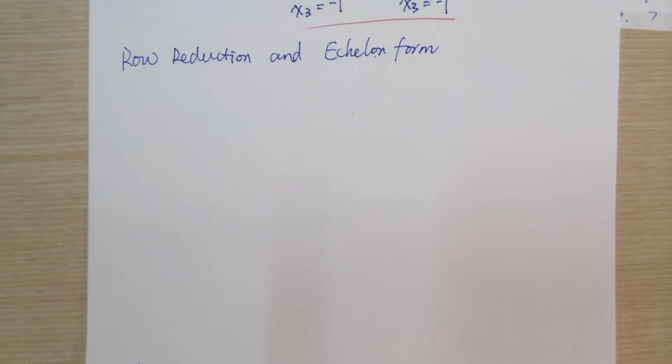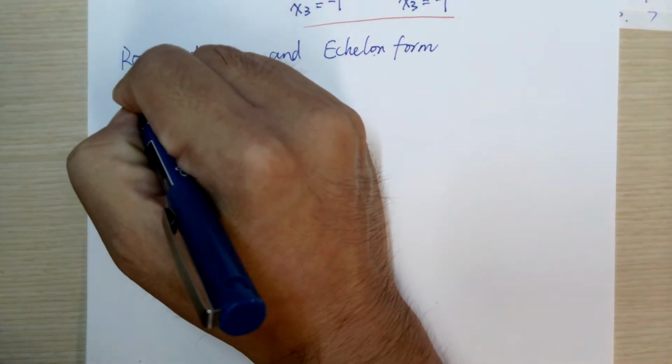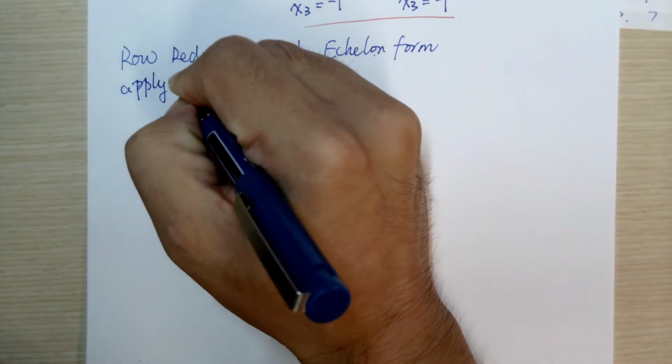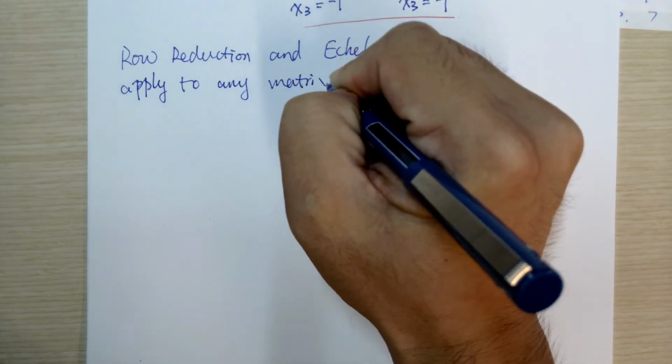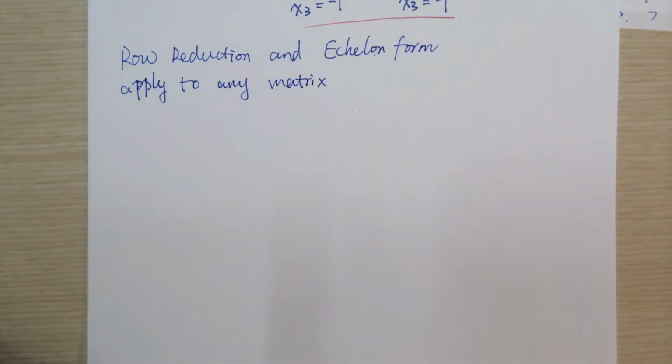But commonly people call it Gaussian elimination. Also, this row reduction algorithm applies to any matrix. It doesn't matter if it's an augmented matrix or not.